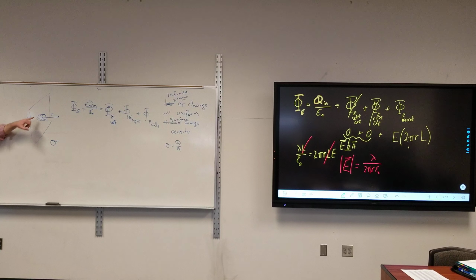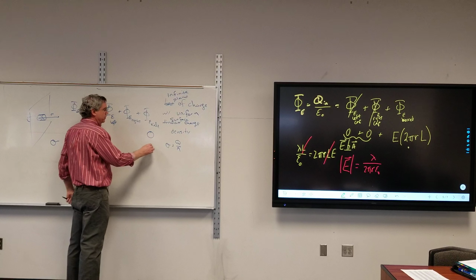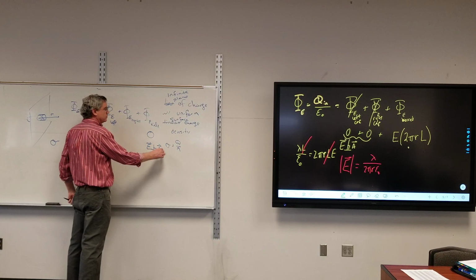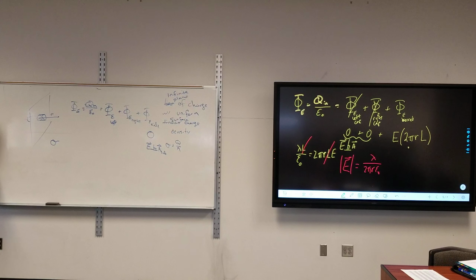So my electric flux through the side this time is 0, because my electric field is perpendicular to the area vector of the side. If that's my infinite sheet right there and my cans are like this, the area vector could point anywhere like that, but my electric field is pointing back those ways.